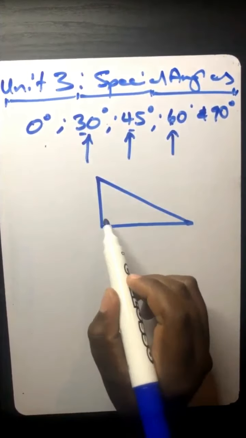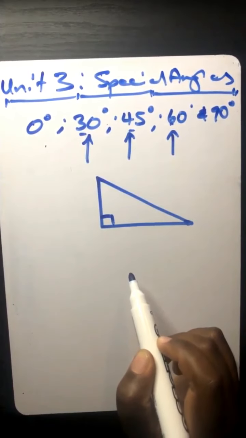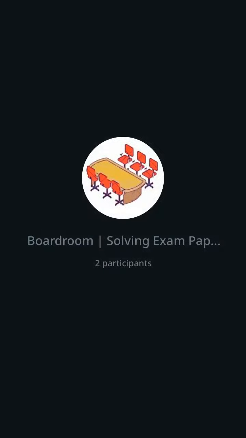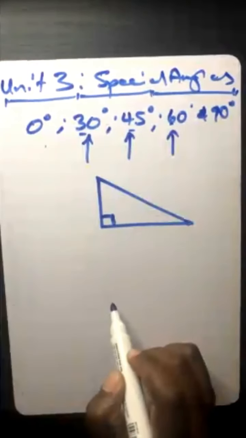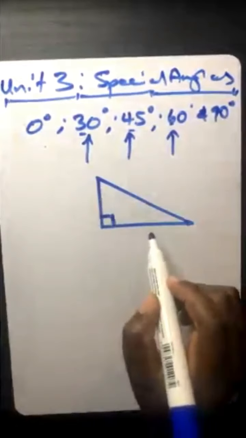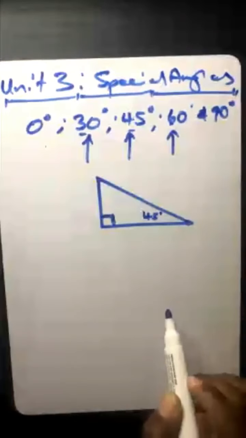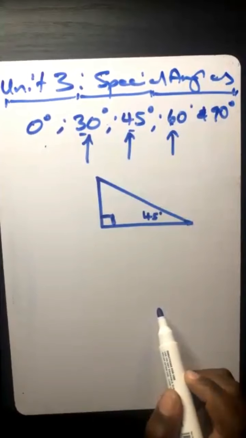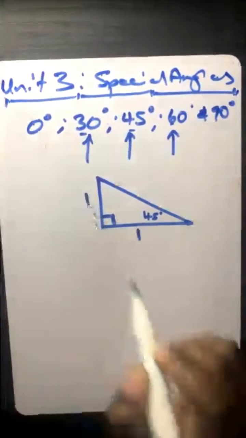So this is just a triangle, LB, but from there, not necessarily a special angle, but a right angled triangle because of that name. So you cannot tell which side is adjacent, which one is opposite. But the moment I write 45 degrees there, you are able to tell which side is opposite, which one is adjacent.